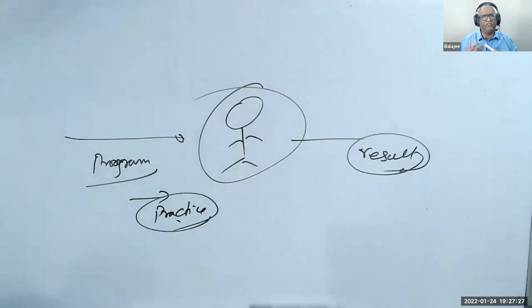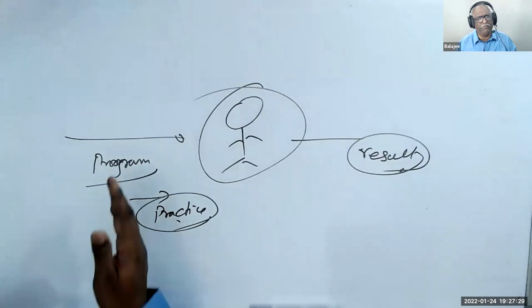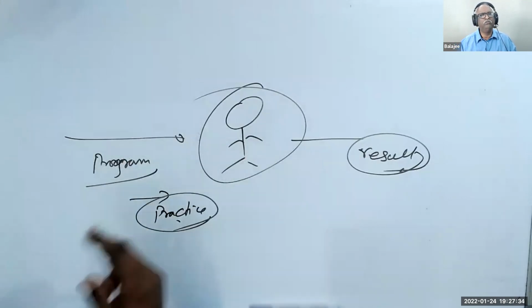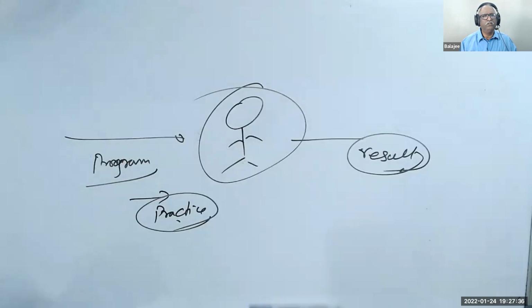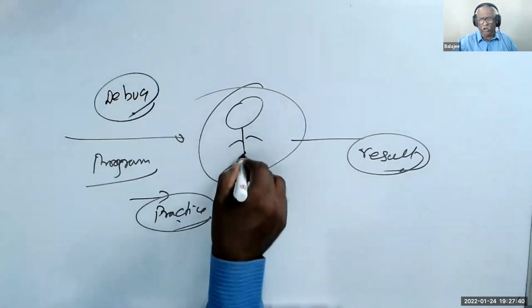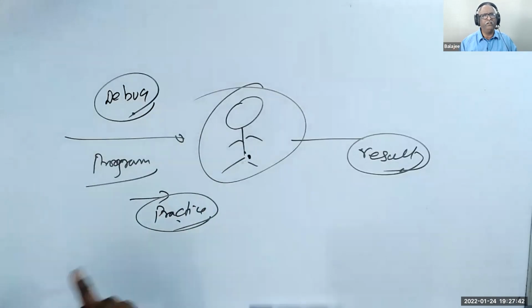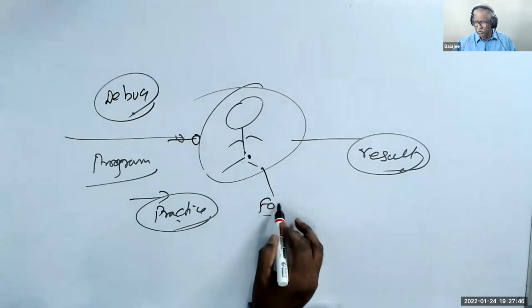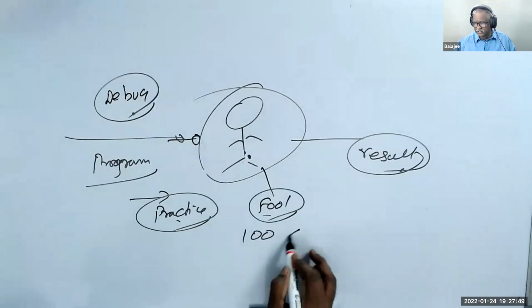If you want to get the answer from me, I can give an answer, but you will never learn that. Every day you ask me a question, I am learning more, not you. Learn to debug. Find out why that guy is not behaving as I say. That means what you're telling is wrong. Yeah, this guy is a fool. He 100% follows your instructions.